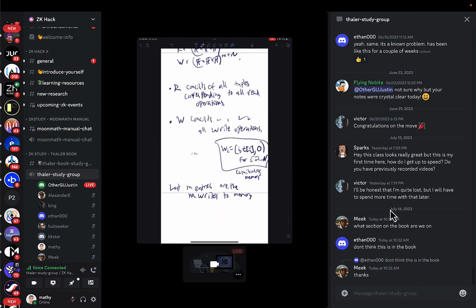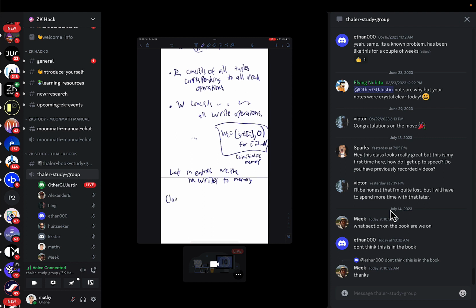So those are R and W. The key claim is that R and W are permutations of each other if and only if the prover answers every read request honestly. That is, if and only if for every i from 1 to m, ai equals T of bi, and ci is actually the number of times cell bi was read before the i-th request.